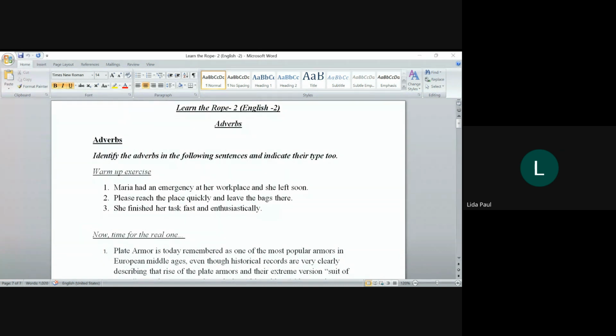Okay. Now, like you rightly mentioned, these are modifiers, right? Their function in the language is to basically modify. Adverbs, they modify what? They can modify verbs, they can modify adjectives, and they can also modify another adverb, right?